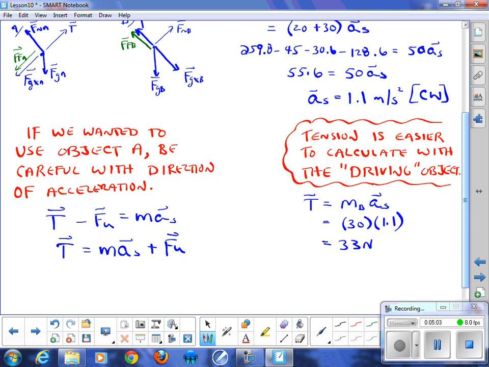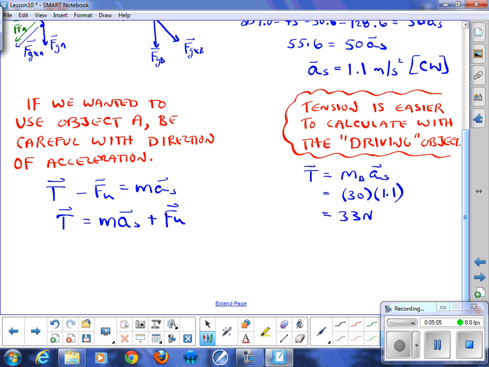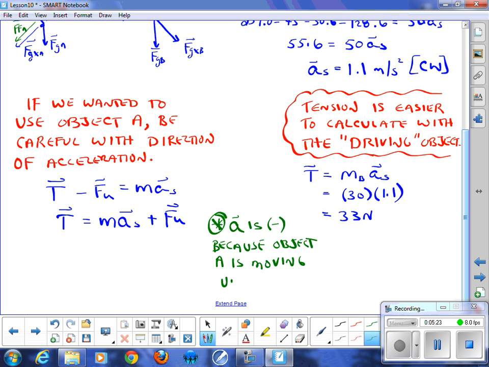What you need to remember is that A is going to be negative because it's moving up the slope. All right. So A is negative because object A is moving up the slope.